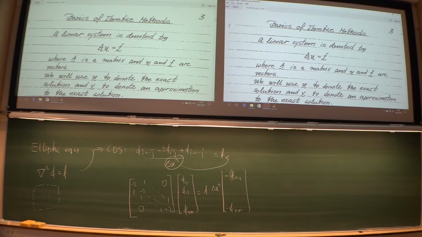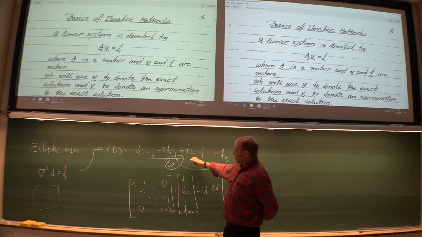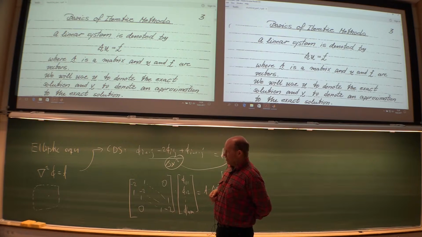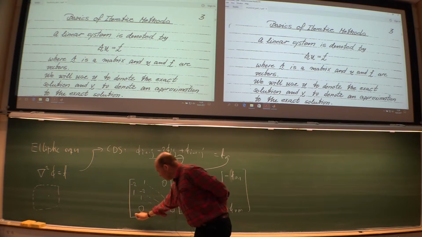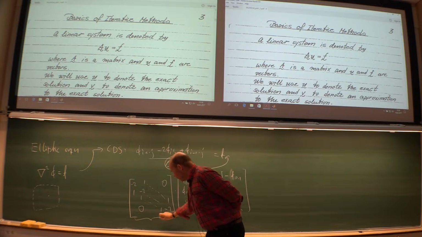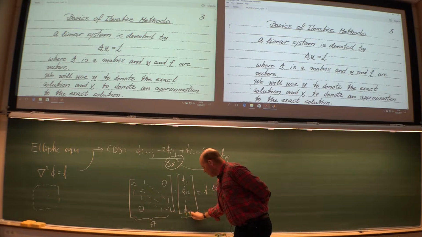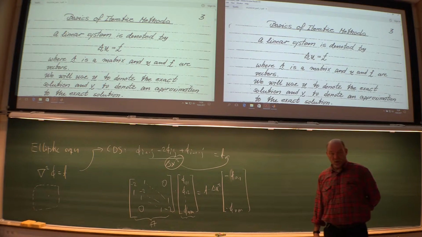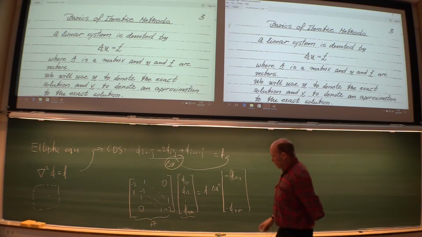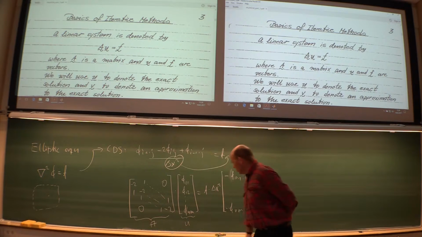Anyhow, to obtain such a coefficient matrix, it's born from the discrete version of your partial differential equation. So this one we call large A. And this one, that is the unknown that we want, we call this one small u.